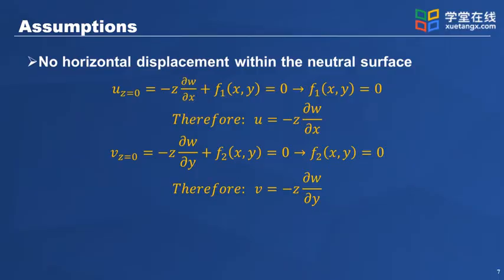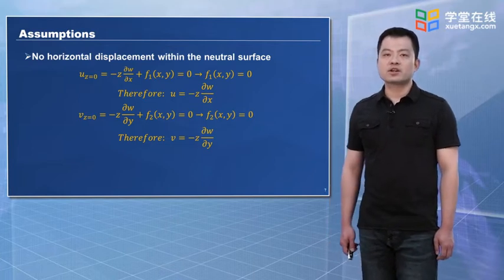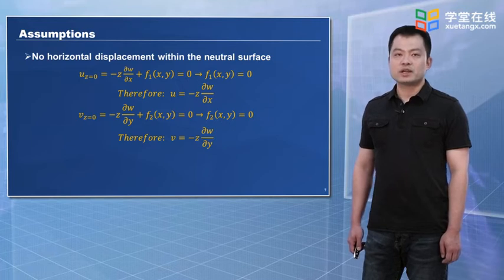Next assumption is no horizontal displacement within the neutral surface, which means when z equals 0, u equals 0. Then we could simply conclude that function f1 equals 0, and then it can be removed. So the function of u can be further simplified as this.